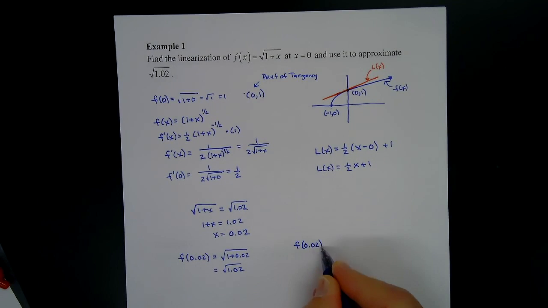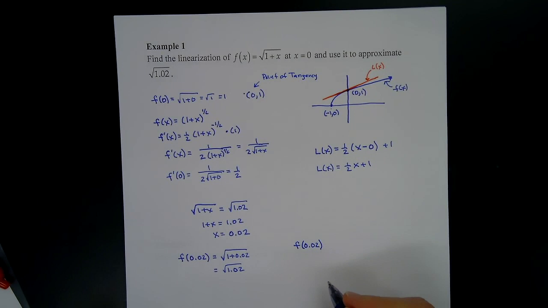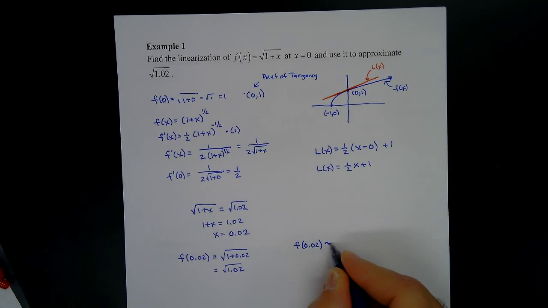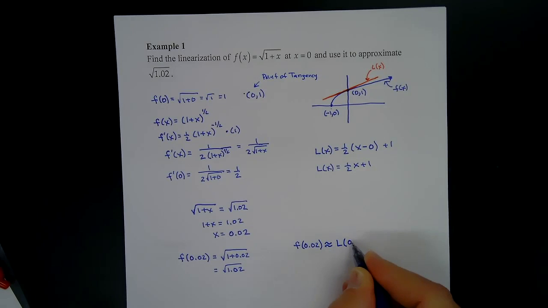And this is going to be important. Don't put an equals here. They'll mark it wrong if you put an equals, because this is all about approximating. So this is the only place where you have to put the approximation symbol instead of equals, okay? So f of 0.02 is approximated by L of 0.02. They are close to the same because I found this point of tangency at x equals 0, and what I'm putting in is close to it, okay?